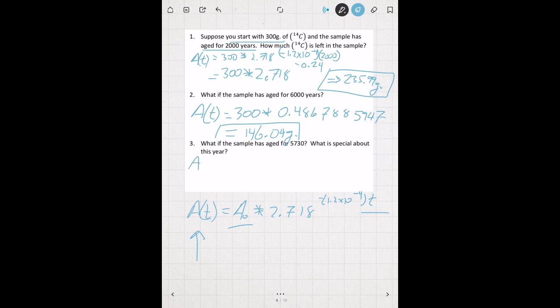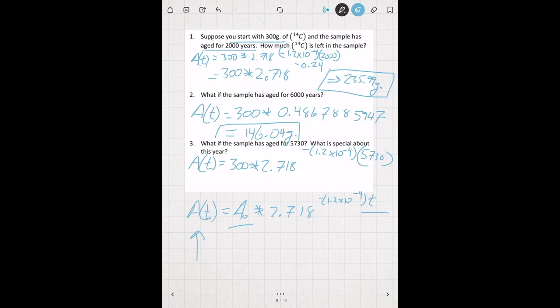So A of t is going to be 300 times 2.718 to the negative, let's see, 1.2 times 10 to the negative 4 power times t being 5,730.